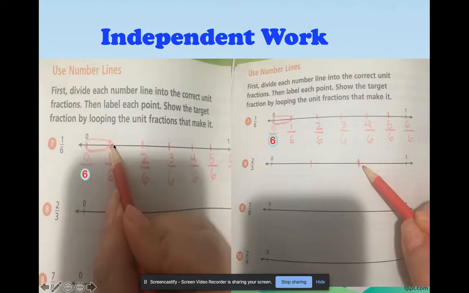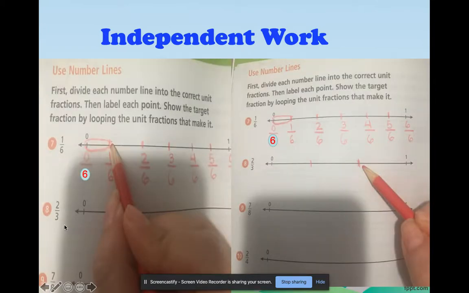Then I need to show the target fraction by looping the unit fraction that makes it. It's telling me to show 1/6, so I am going to make a loop from 0 to 1 because it shows me that this is 1/6. And this is the way that it looks.